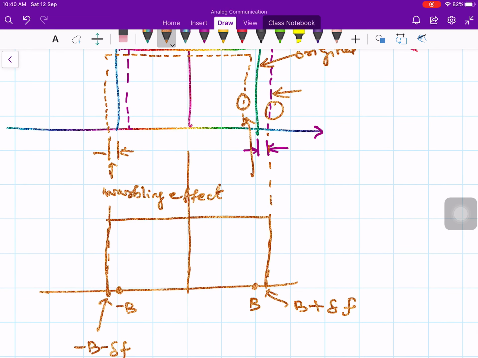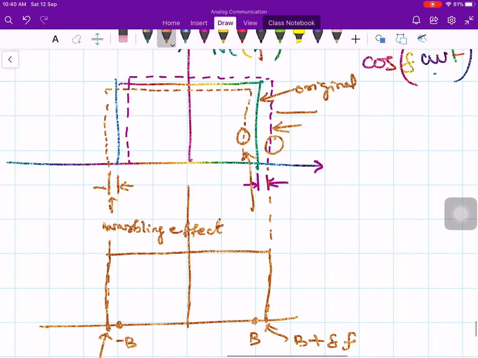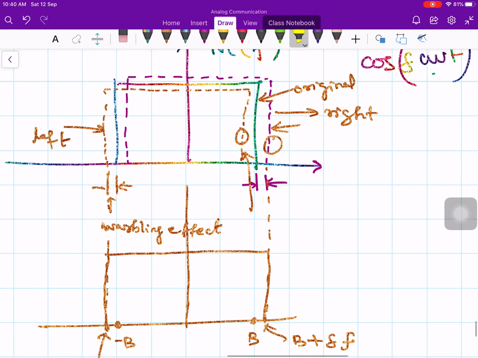So there is a slight frequency shift to the left as well as to the right. This is the frequency shift to the right, and this one is shifted to the left. So what we will see as the result of these two is no longer the original spectrum. What is the original spectrum?